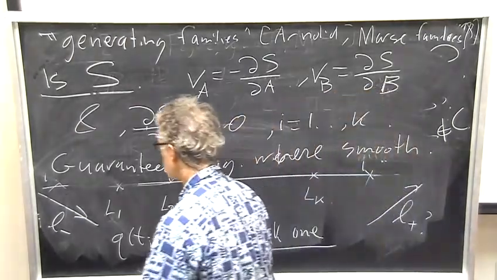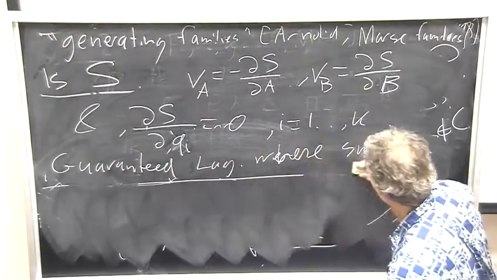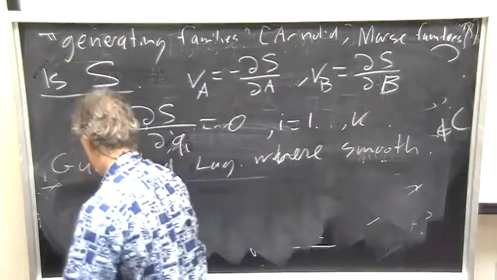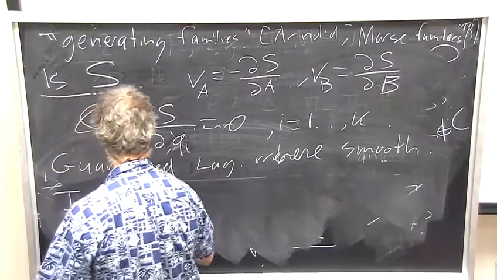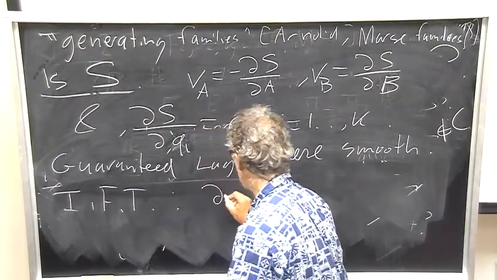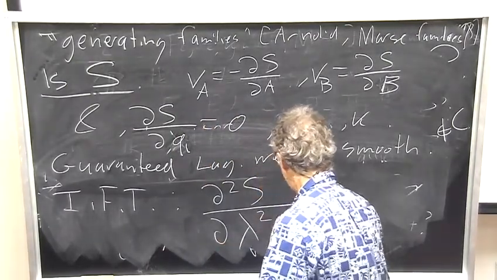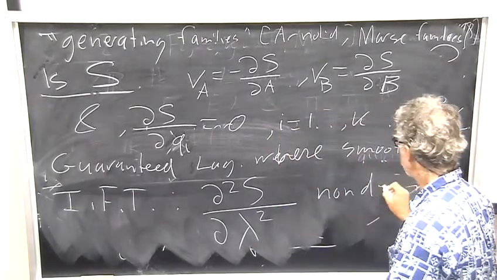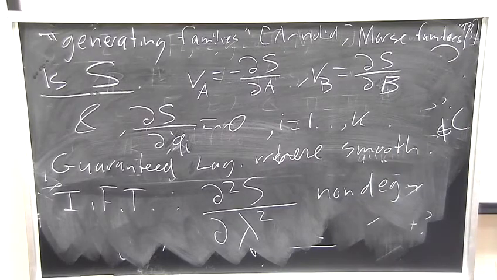And let me write down the smoothness condition, an implicit function theorem condition. So there's a Hessian condition that you need to check. Some Hessian is non-zero, and then you get that this is locally a Lagrangian graph.